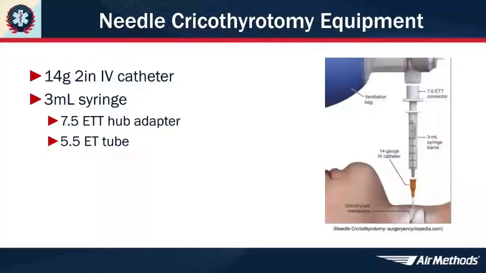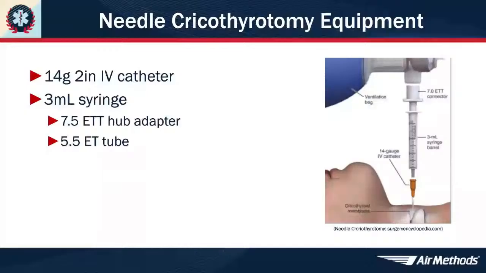On a needle cric, again, you're just placing the needle through that membrane. It helps if you have a syringe. Put a little bit of saline in there, and then be aspirating on that syringe as you put the needle in. When you get where you have free air, you'll have a lot of bubbles coming up through that syringe.